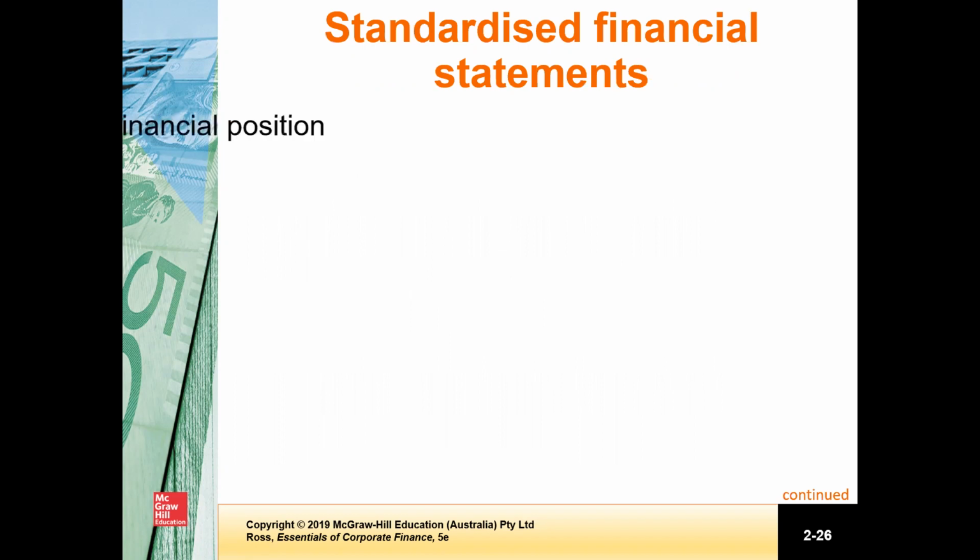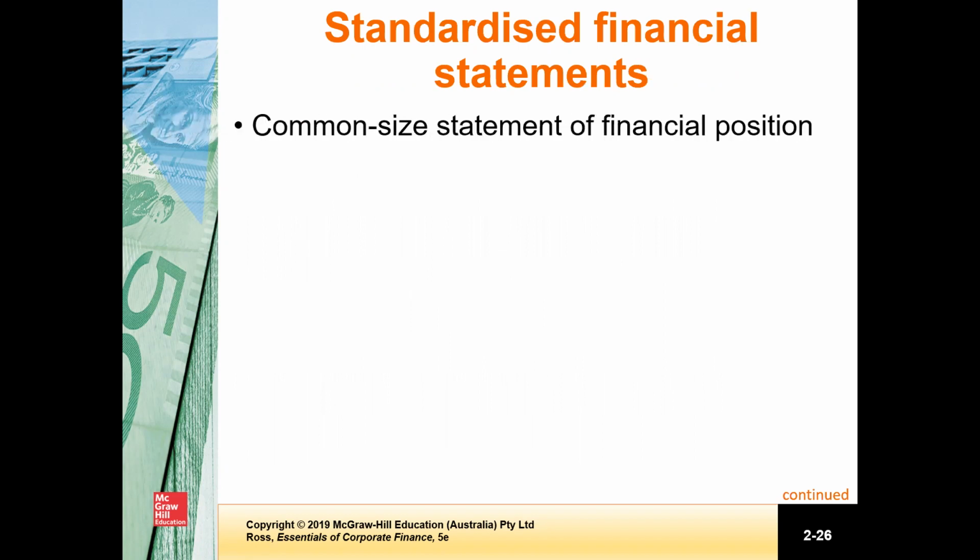Okay, so first of all, one obvious thing we might want to do with a company's financial statements is to compare them to those of other similar companies, right? However, one problem is that it's almost impossible to compare financial statements of 2 companies directly because of differences in their size, right?